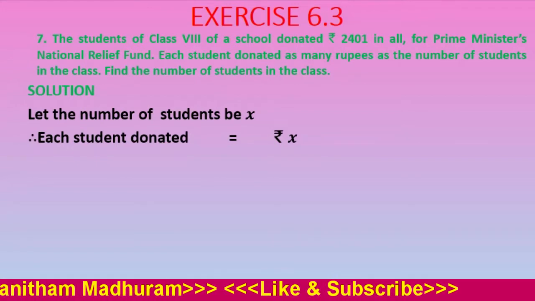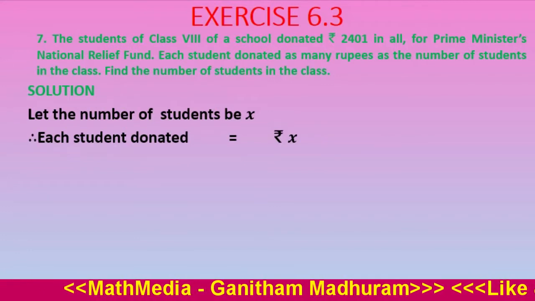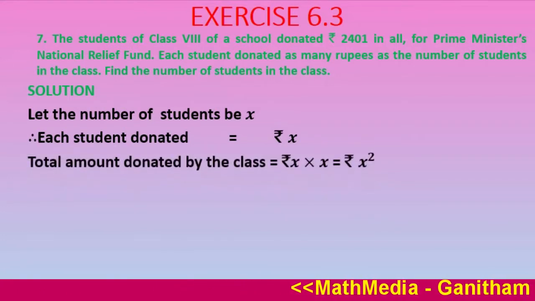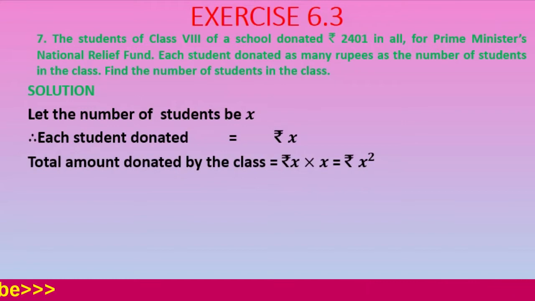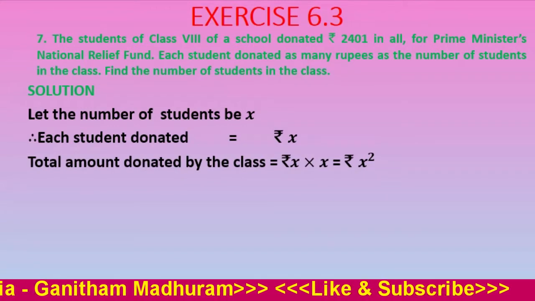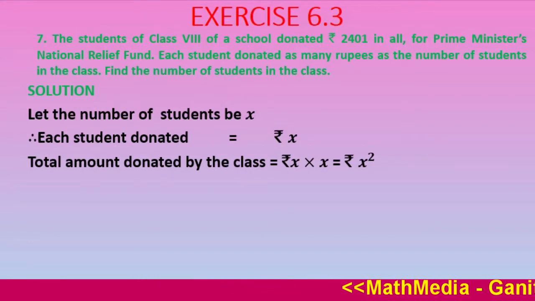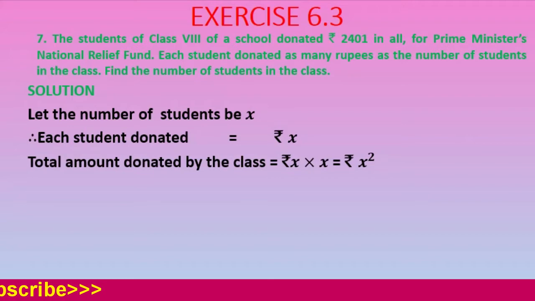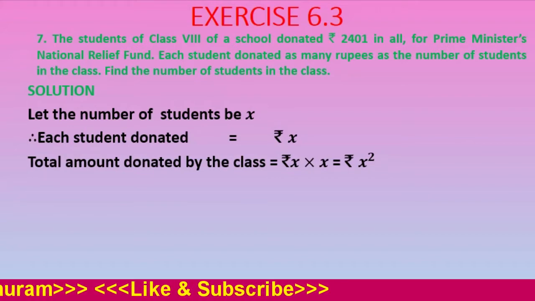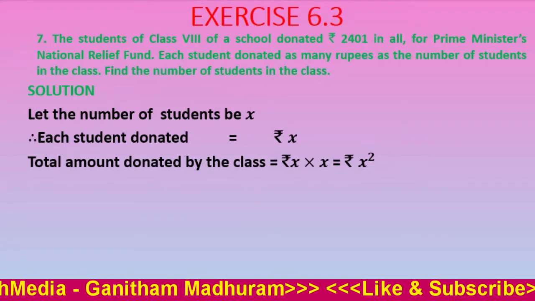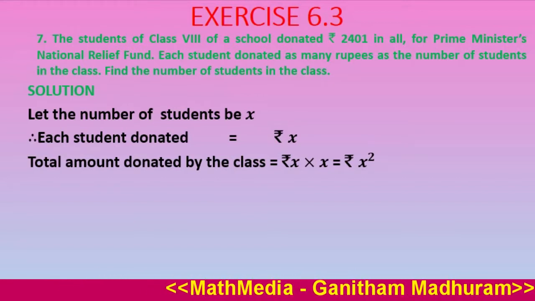Is it clear? Then what will be the total amount donated? That is the total number of children multiplied by the amount donated by each child. So we get x into rupees x equal to x square. It is an amount, so we write rupees x square.